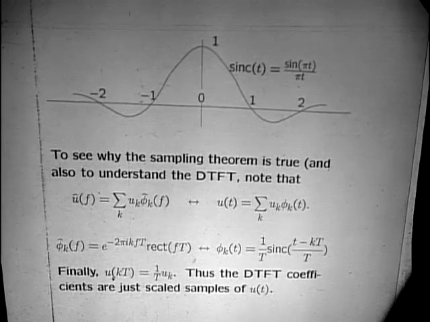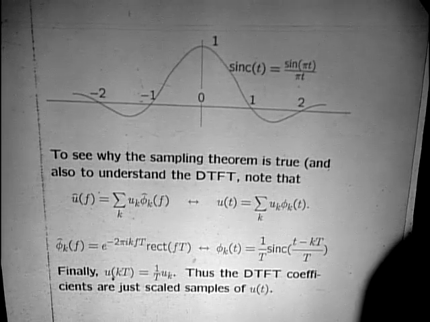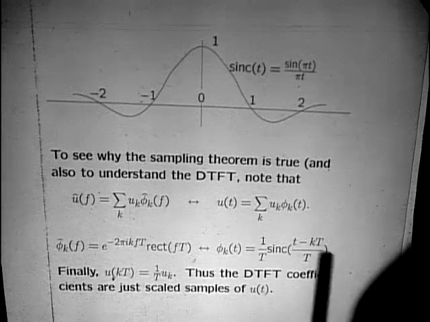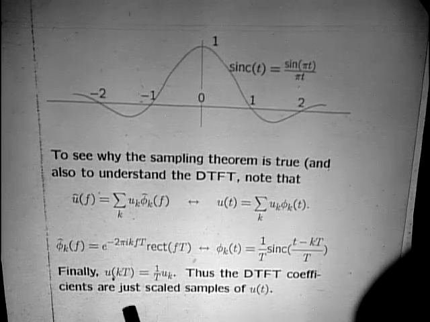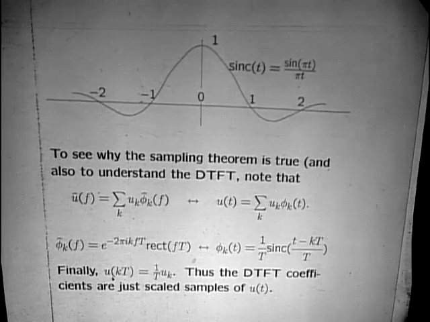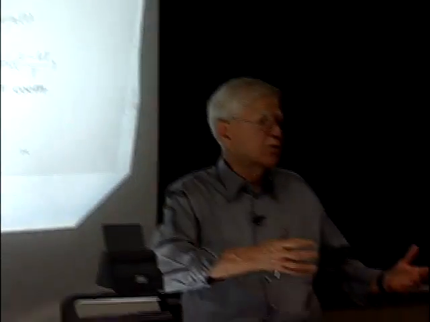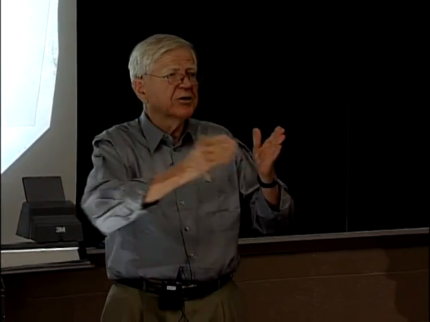And that finishes the sampling theorem, except for really tracing through all of these things about convergence. But it also tells you what the discrete-time Fourier transform is, because a discrete-time Fourier transform is just scaled samples of u of t. In other words, you start out with this frequency function. You take the inverse Fourier transform of it. You get a time function. You take the samples of that. You scale them.